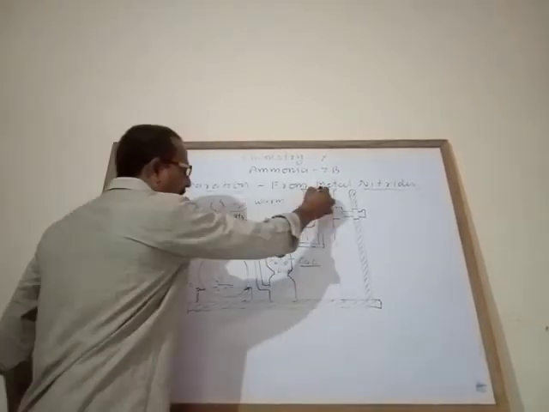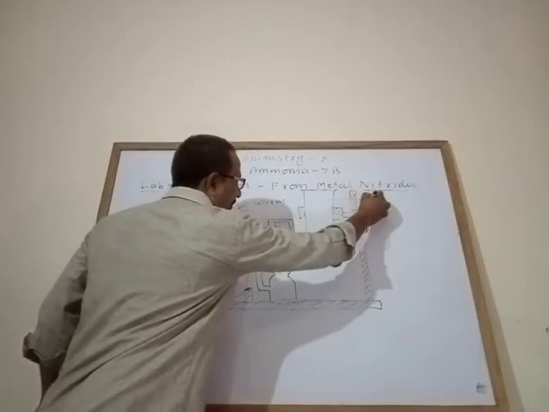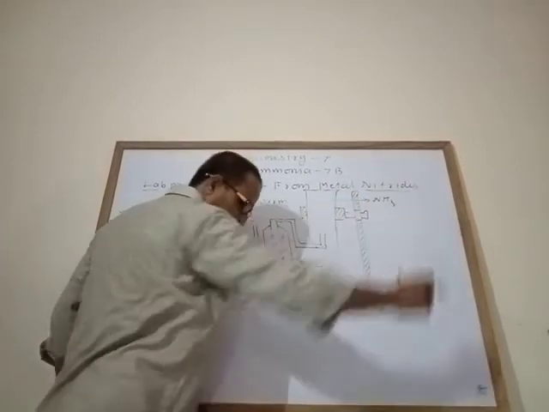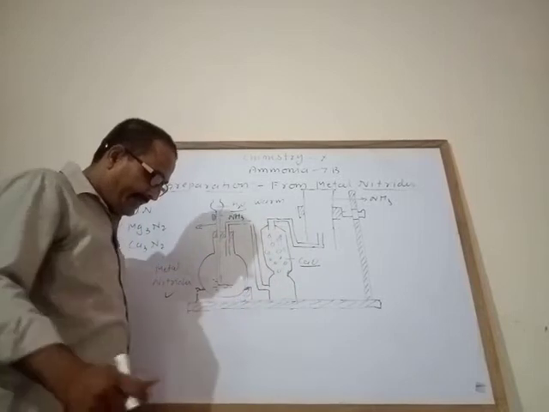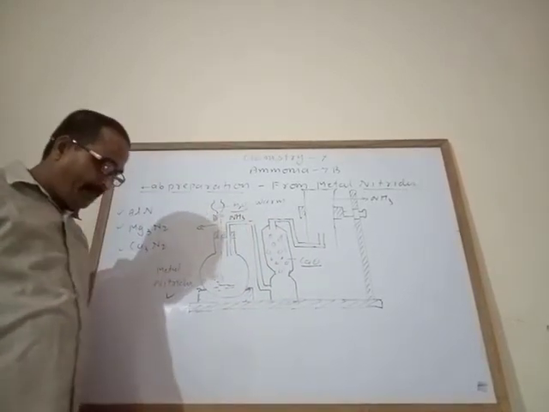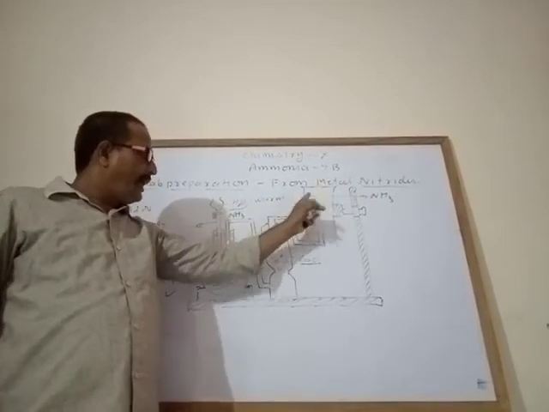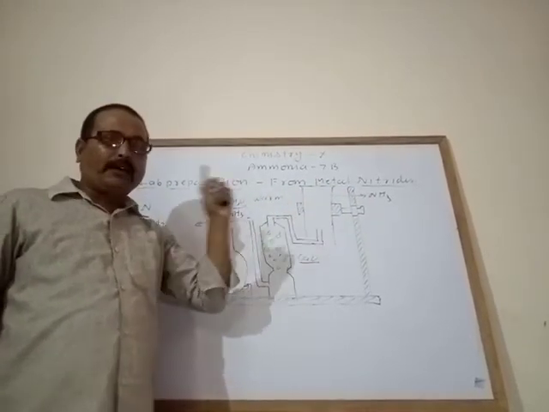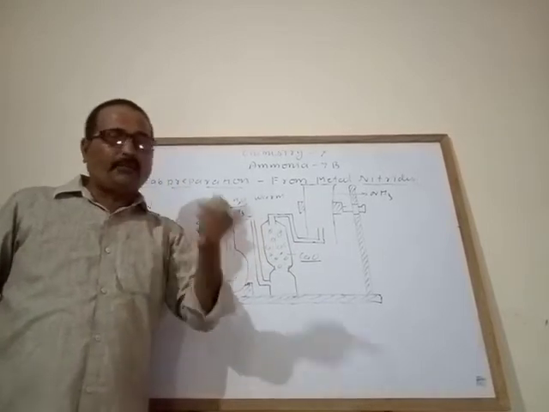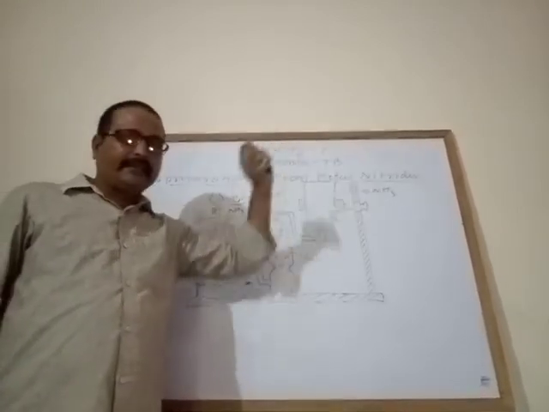The collection of ammonia gas, already you know, is by downward displacement of air. Why? Because it is lighter than air.